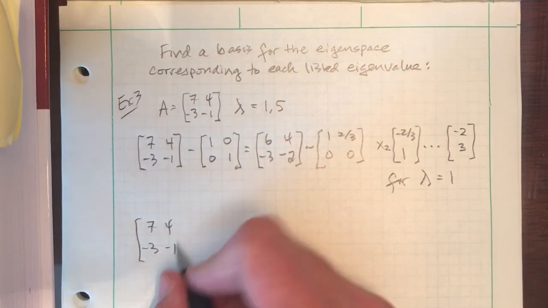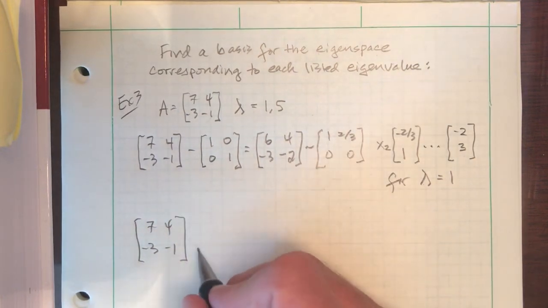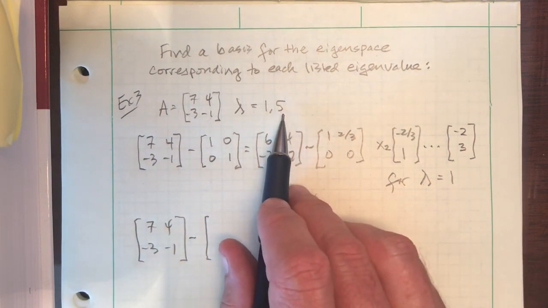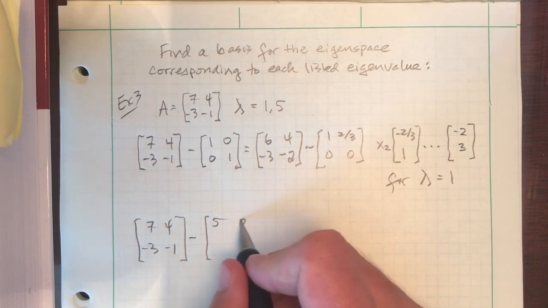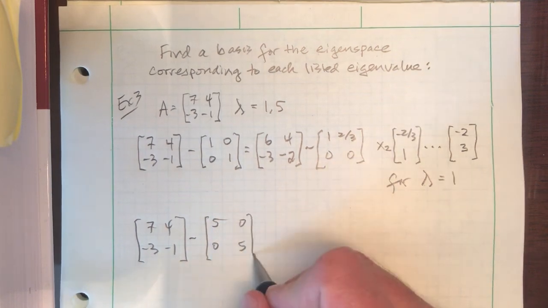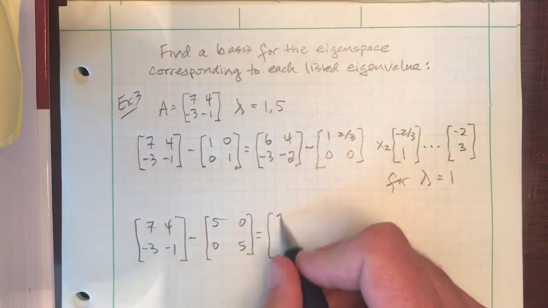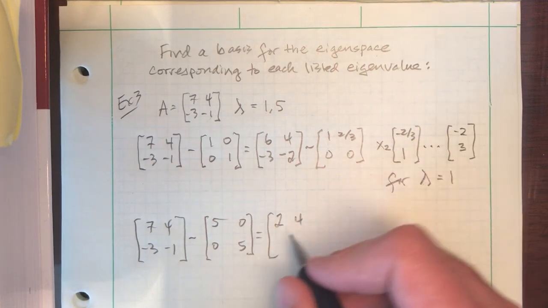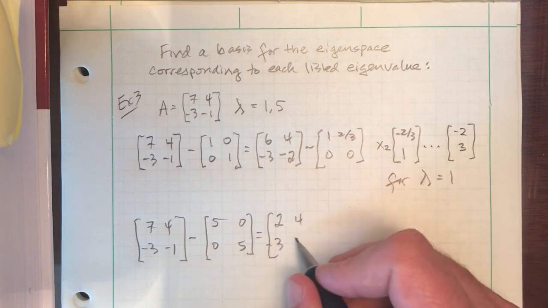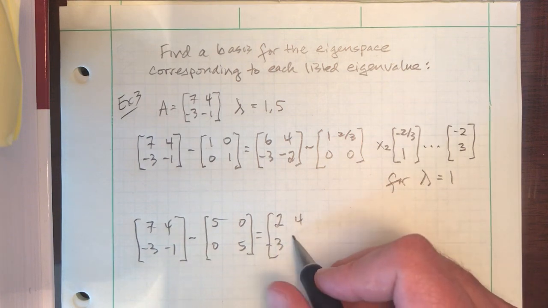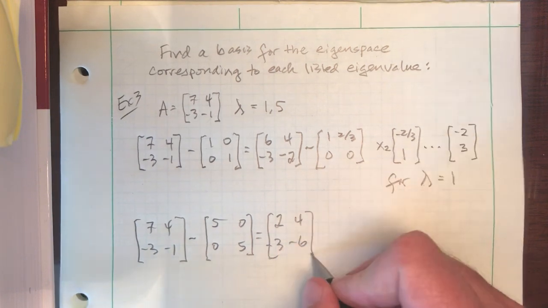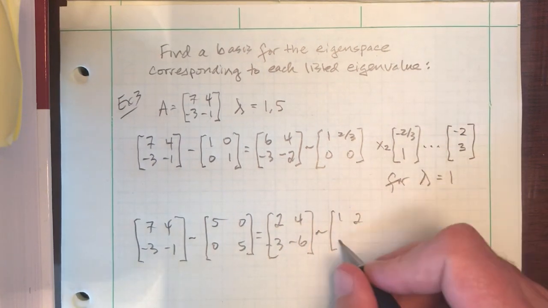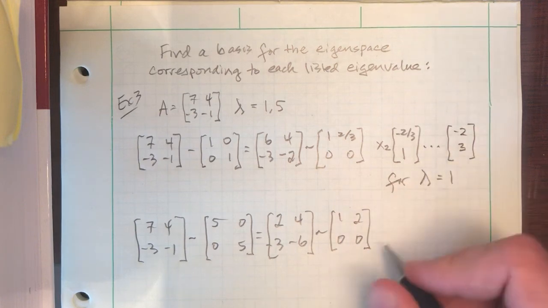One more time. We start back with the original matrix. We subtract the scaled version of the identity with 5 this time. So 2, 4, negative 3, negative 1, negative 6. Row reduce: 1, 2, 0, 0.